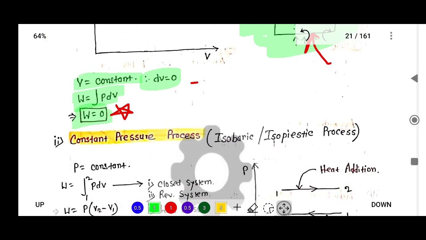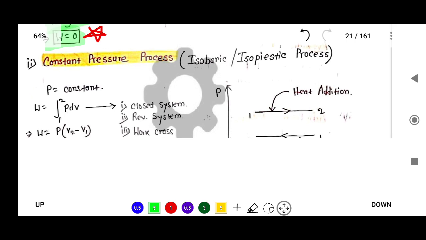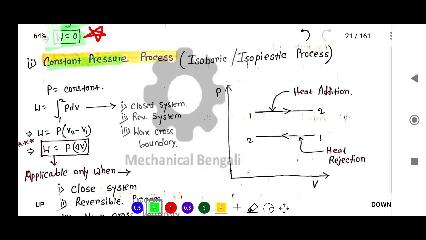Now focus on the constant pressure process. The constant pressure process is also known as the isobaric process, or the isopiestic process. Here pressure is equal to constant. We know that closed system work W equals the integration of PdV from state 1 to state 2.